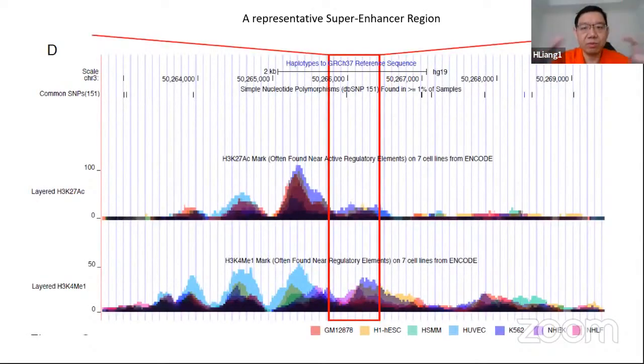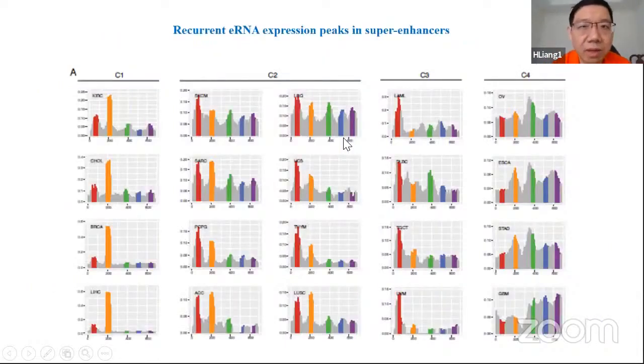Here is one representative super enhancer region. And here we just take one small piece of that, several hundred bp. Here each box represents one cancer type. For example, the first one is KIRC, that's kidney. And this one is SKCM, that's skin melanoma.